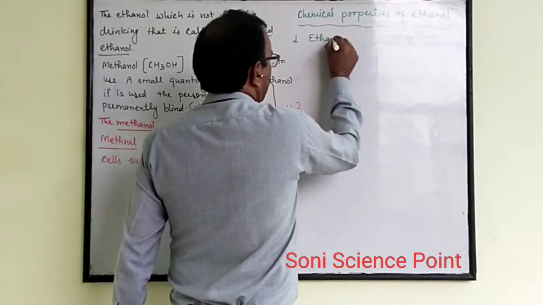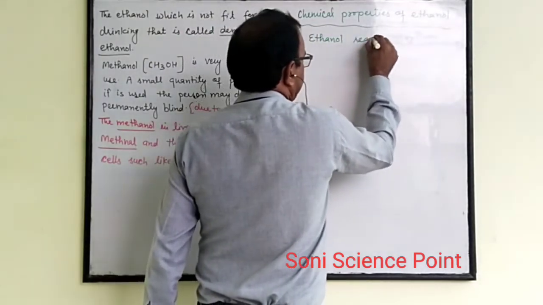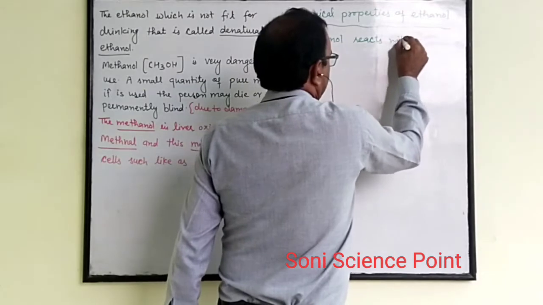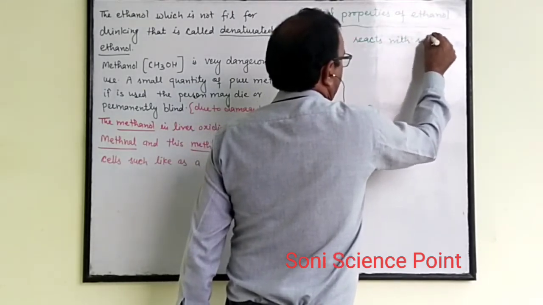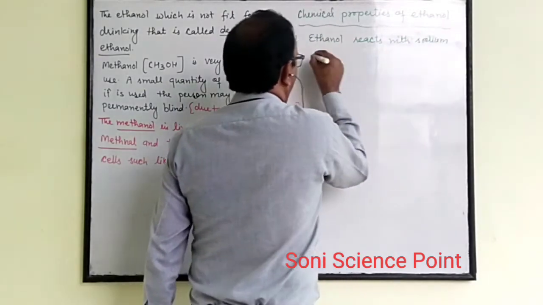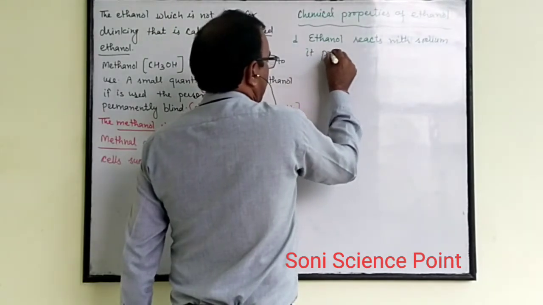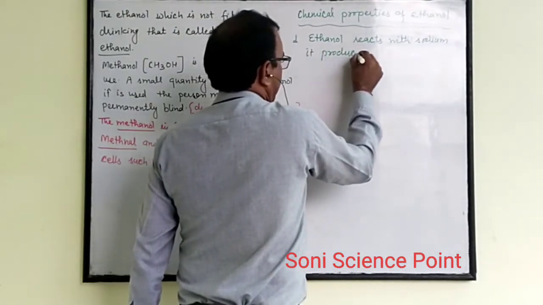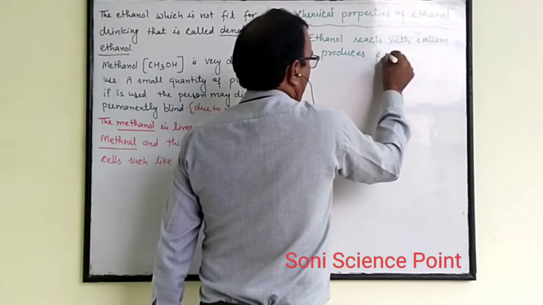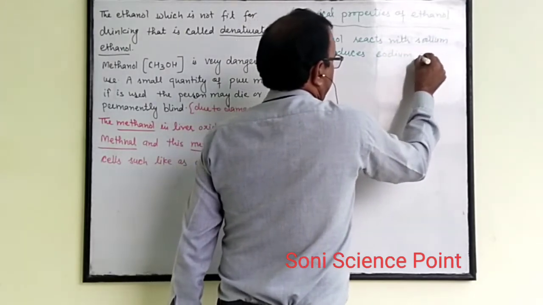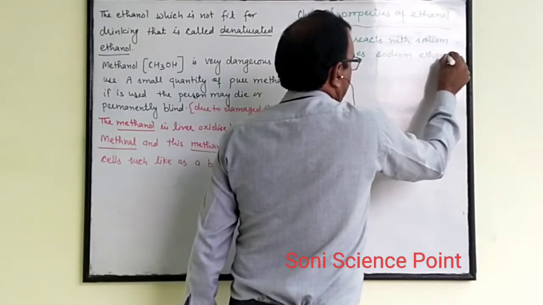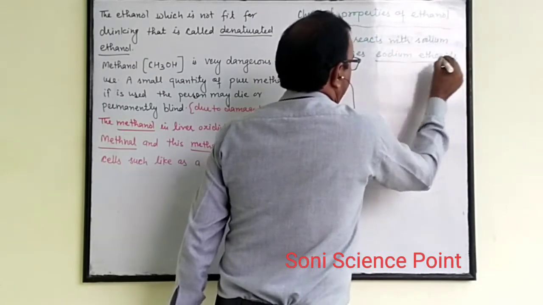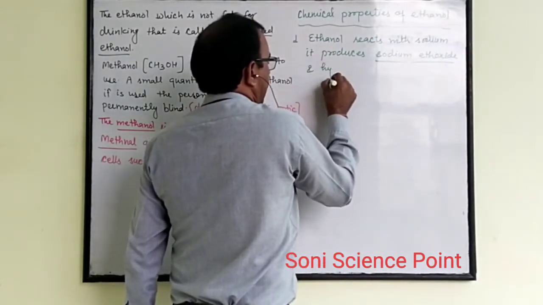Ethanol reacts with sodium. It produces sodium ethoxide and hydrogen gas.